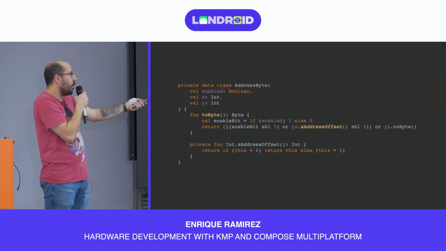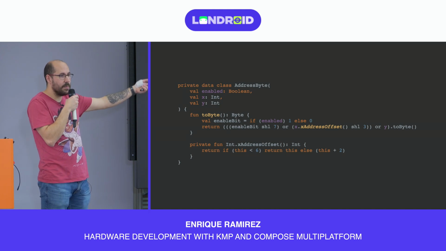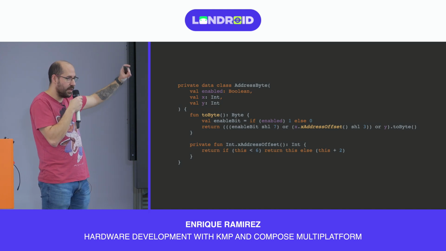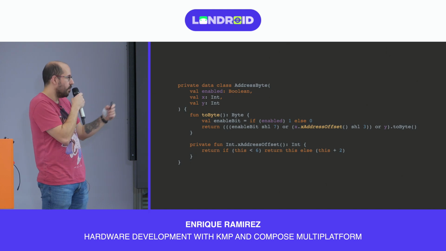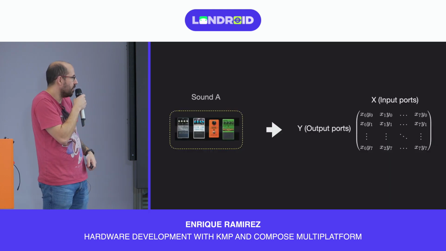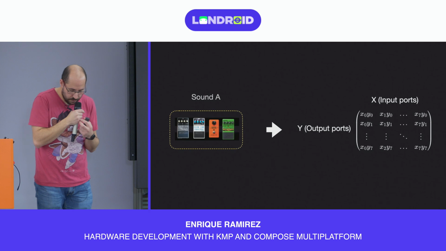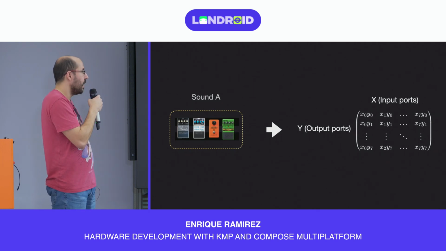And this is how we compose the byte. This is basically the same slide that I showed before of how we compose the byte, but with code. Nothing more different from that.